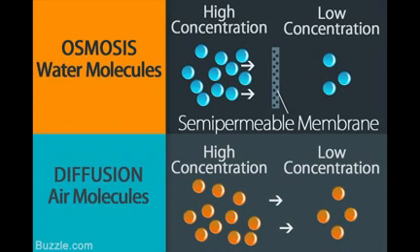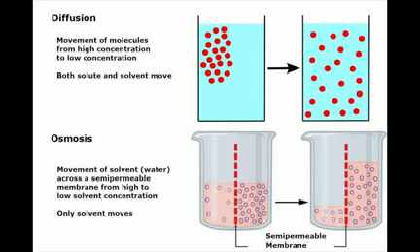Now, though I told you about the semi-permeable membrane earlier, I am telling again what a semi-permeable membrane is. A semi-permeable or partially permeable membrane allows movement of solvent molecules but does not allow the movement of solute molecules.